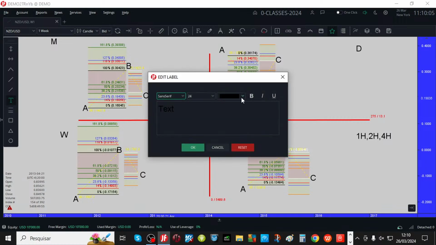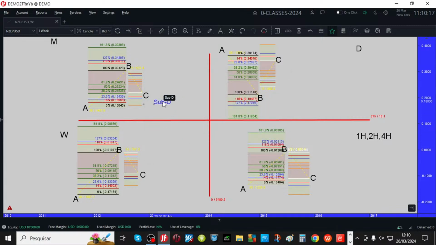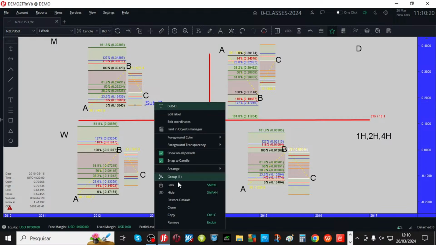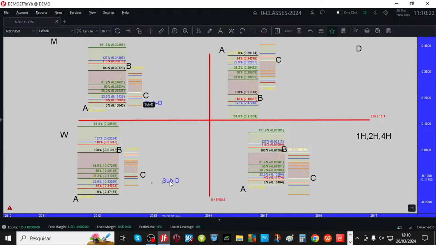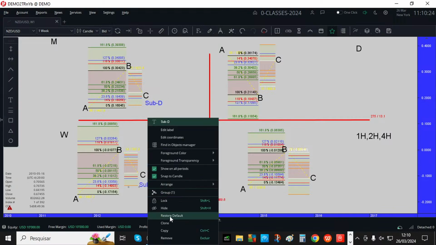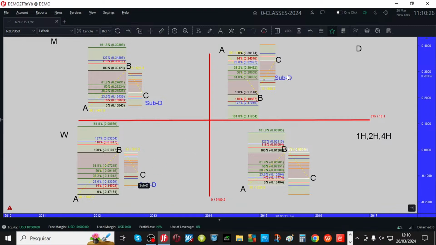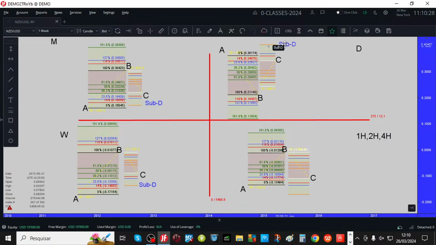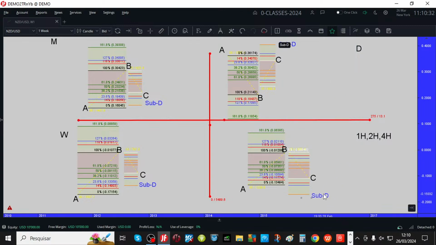And the last one, which is the blue, for you to see a little bit better, sub D. We want to understand, is the sub D inside the AB boundary, yes or no? Sub D.